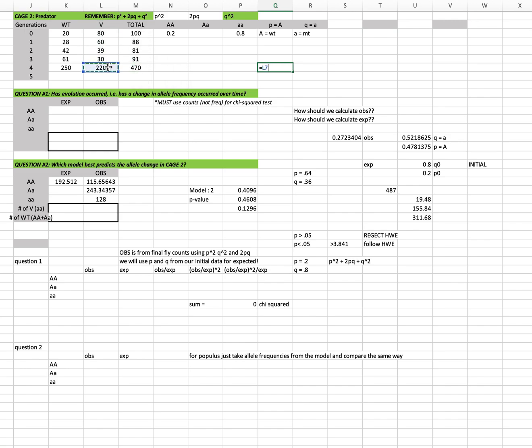All we have to do is divide our vestigial fly count by the total number of flies in the population. This is equal to Q squared, and this number can be plugged in right here.